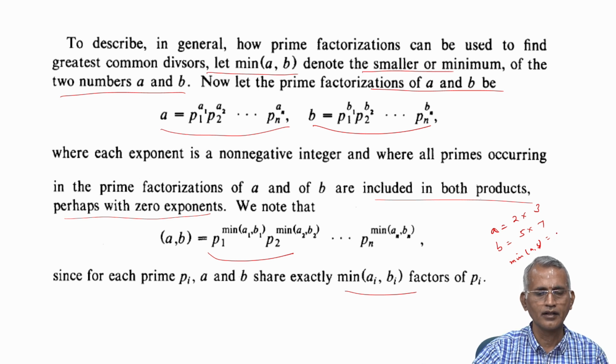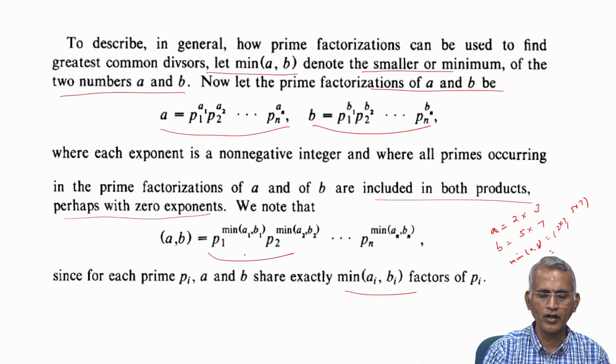You have to take the common factor, taking the minimum exponents of the primes in 2 into 3 and 5 into 7, so that the GCD comes out. Here A is 6 and B is 35.